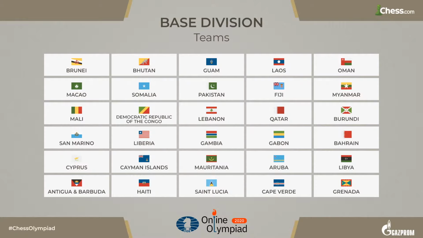This morning we had Myanmar, Brunei, Fiji, Guam, Oman, Pakistan, Macau, Somalia, Laos, and Bhutan. This afternoon we have Lebanon, Bahrain, Qatar, San Marino, Mali, Liberia, Burundi, Gambia, Gabon, and Democratic Republic of Congo.